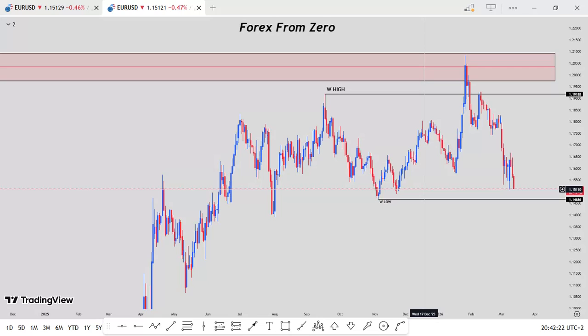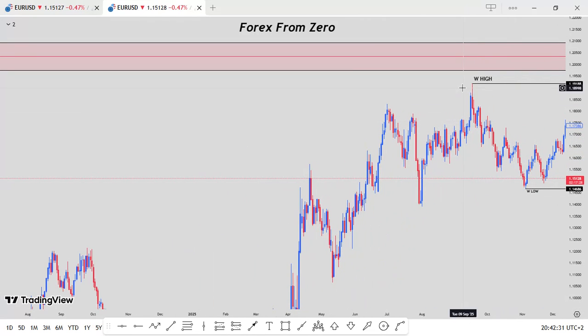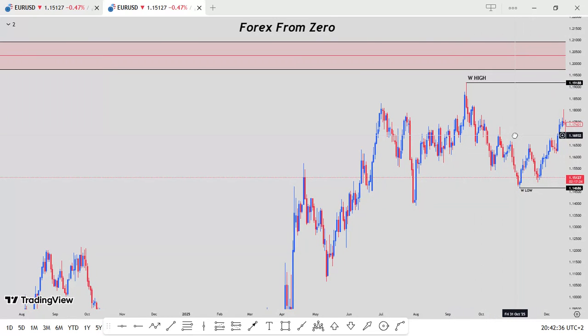So all in all, once the market takes out the high, that is the liquidity that we are talking about in the market.